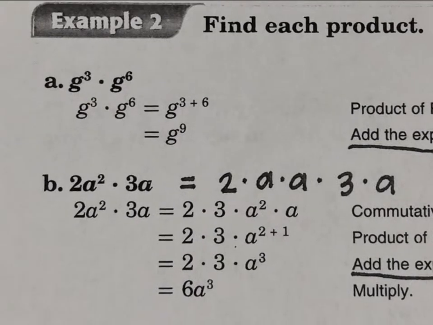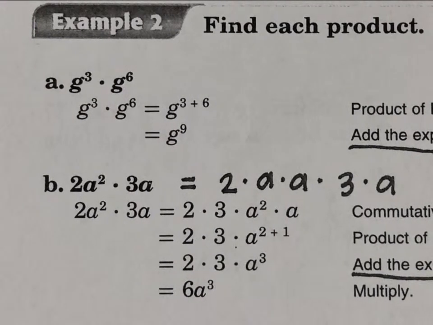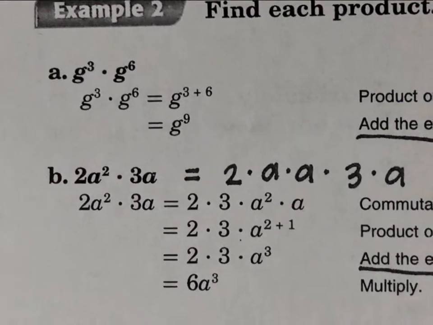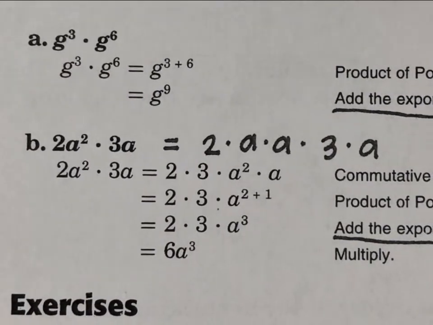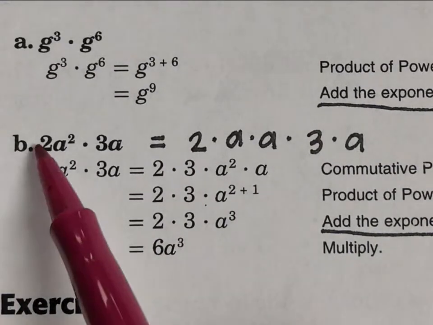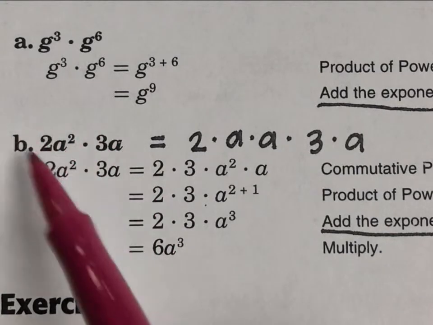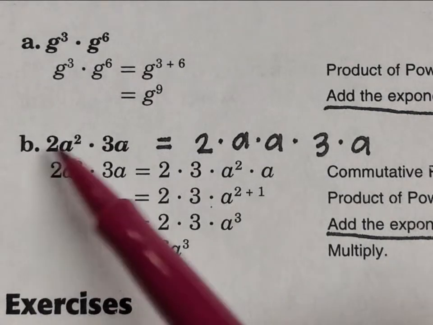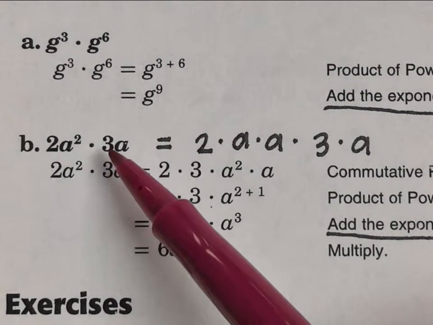A, I've got g to the 3rd times g to the 6th. So again, I have the same base of g, so I can add those two exponents together. Example B is a little bit different because I have numbers. What are these numbers called? Do you remember? A number out front of a variable? Coefficients. So I have a coefficient of 2, and I've got a coefficient of 3.